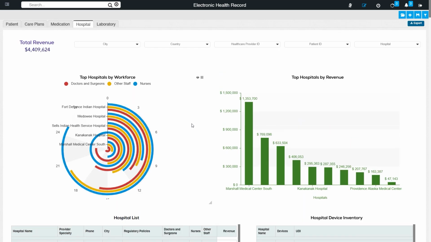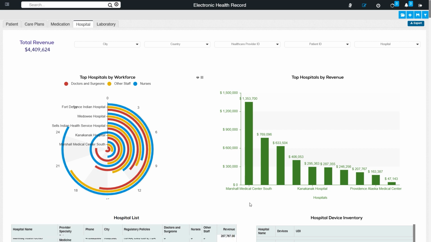The Hospital tab, which displays information of numerous hospital data such as the personnel, funds collected, and gadget inventories, follows to offer insight into this dilemma. This tab will assist the organization in understanding the departments where new hires are necessary, as well as the aging infrastructure and gadgets, as well as the regulatory regulations that various organizations follow.